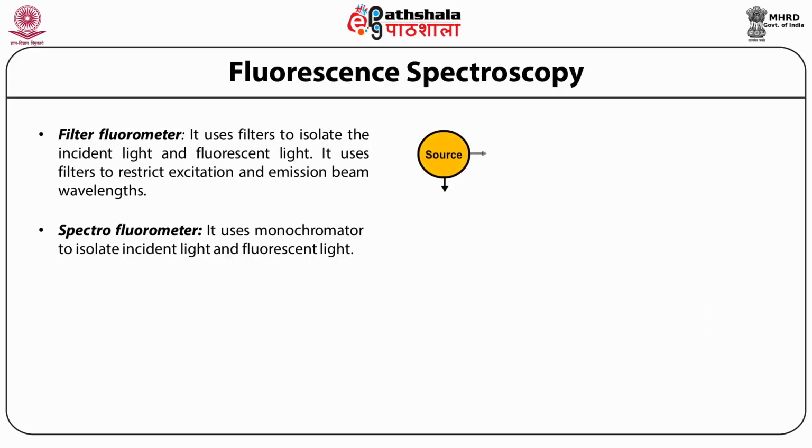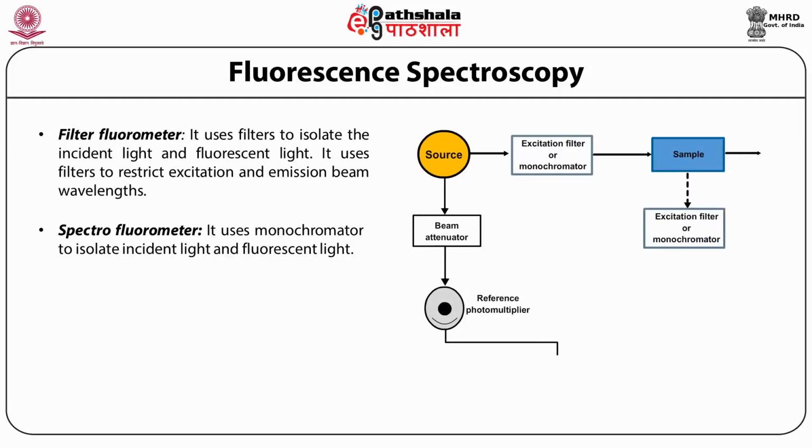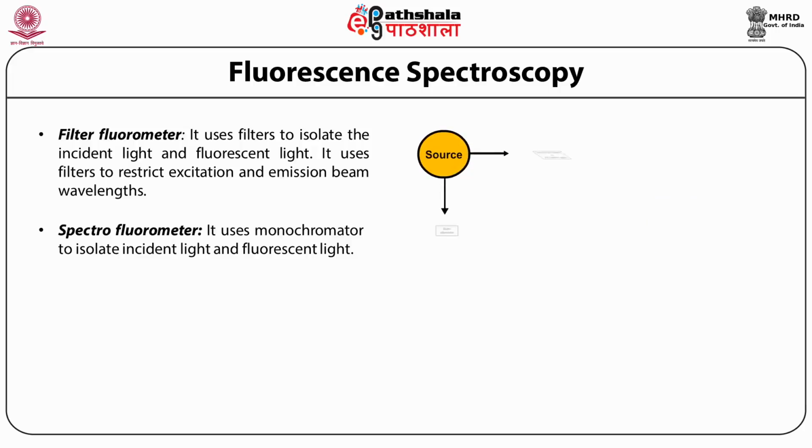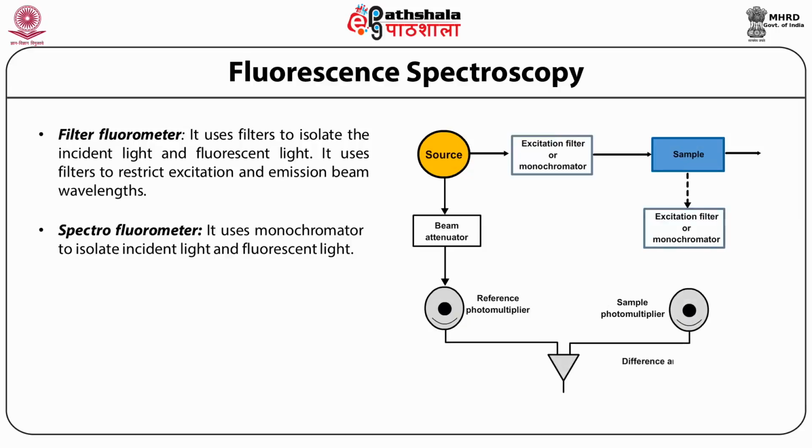The technique includes the measurement of the fluorescent emission at a right angle to the incident beam. The emitted radiation passes through a second filter or monochromator to isolate the fluorescent peak for measurement.